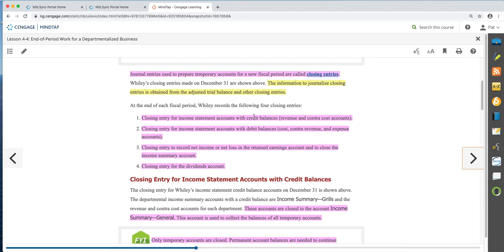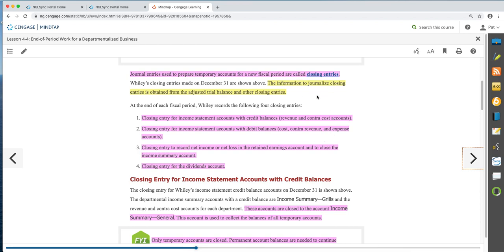The temporary accounts are the income statement accounts for the most part, sales and these things. We want to keep track of them year to year, month to month, whatever the time period might be. And so we get rid of all of our expenses, revenues, contra cost accounts, contra revenue accounts, and dividends, so that we can have them start each fiscal period with 0.